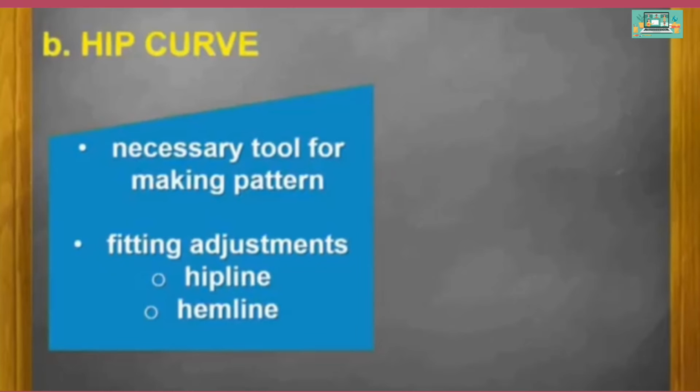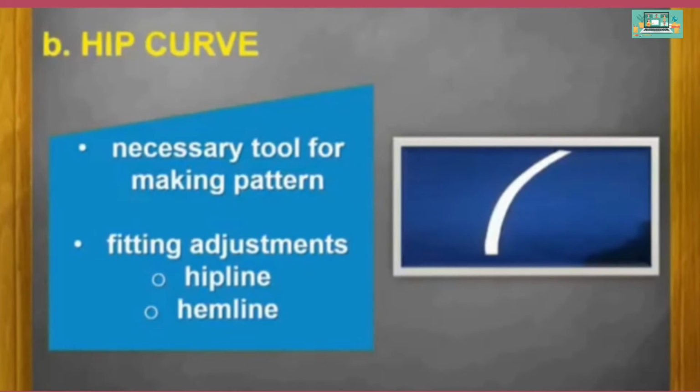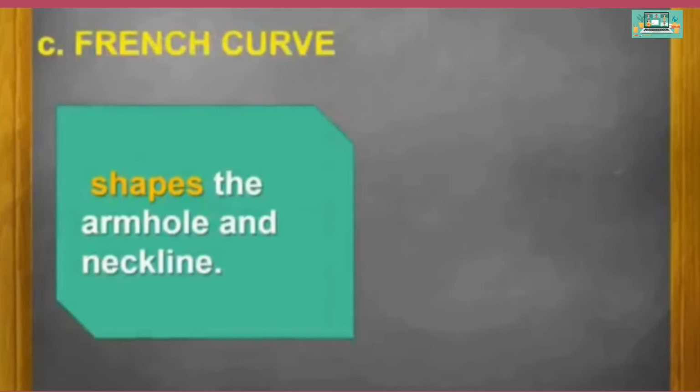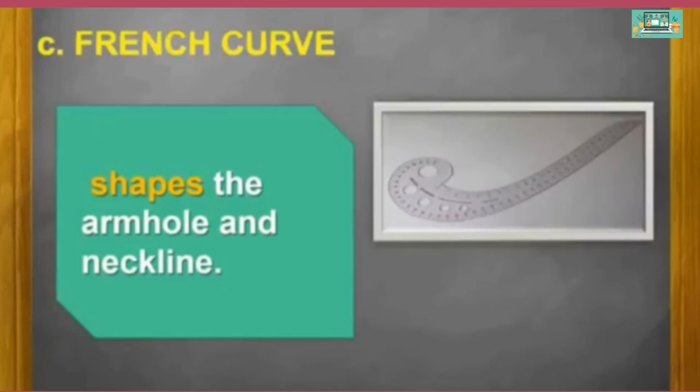Next is the hip curve. The hip curve is a necessary tool for making pattern, as well as fitting adjustments at the hip line. This can also be used for making adjustments at the hemline. Third is the French curve. This is used to shape armhole and neckline.